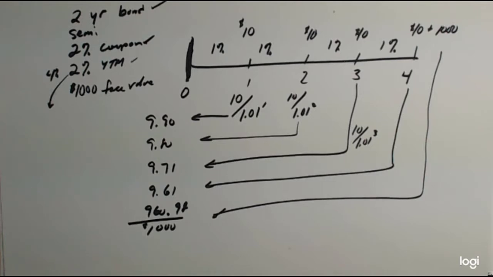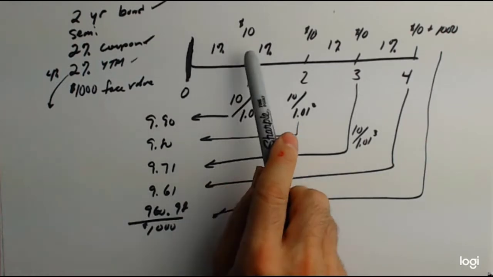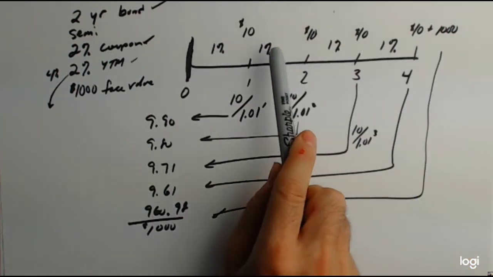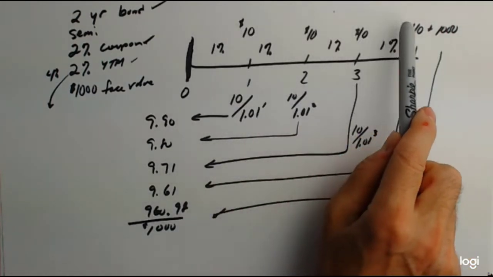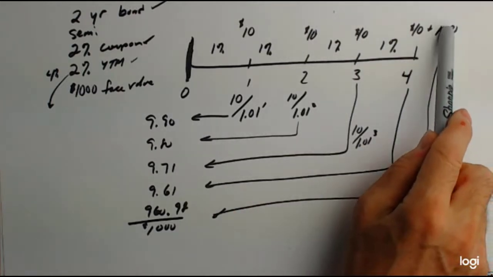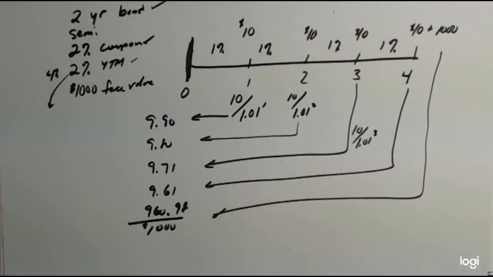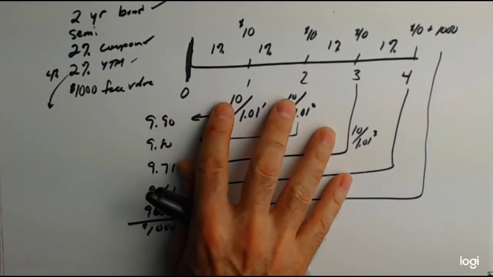As we'll see very shortly, financial institutions end up buying coupon bonds like this, and they strip out the coupons and they sell the coupons, including the principal, as what's called strips, as zeros. And that's what we want to get to next. Let's look at strips.